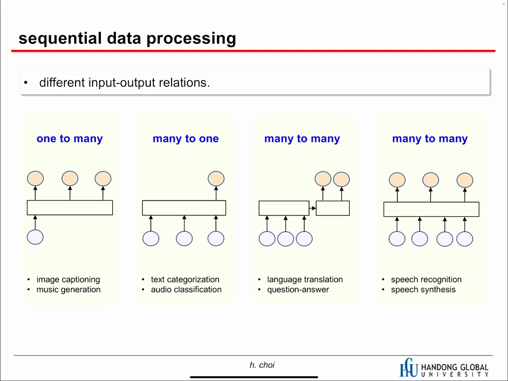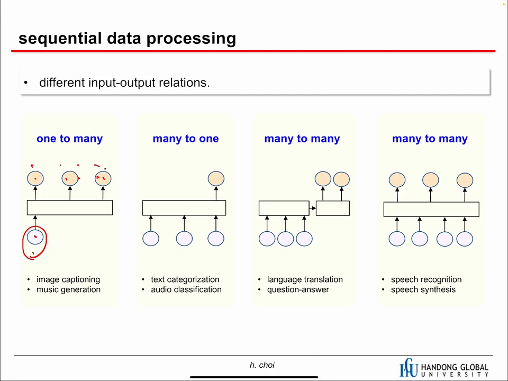Okay, so to explain the relationship between input and output, we have this slide. Sometimes we have one sample as an input, and then we have a lot of output. Think about image captioning. We have one image, then we have to generate one sentence to describe the image, so we have a lot of words.